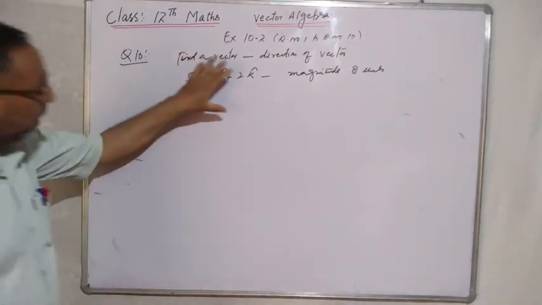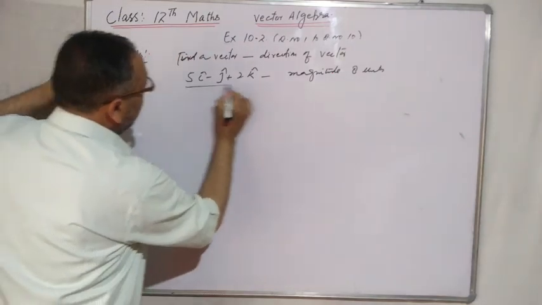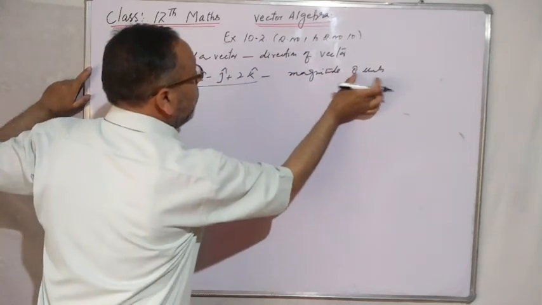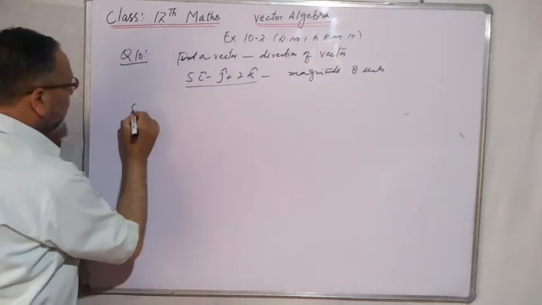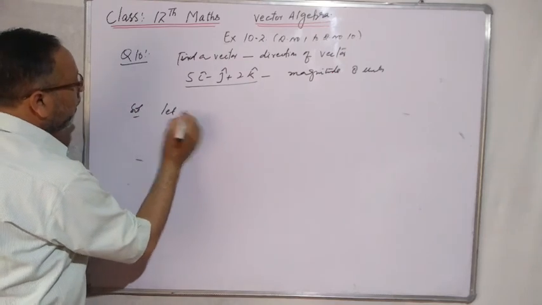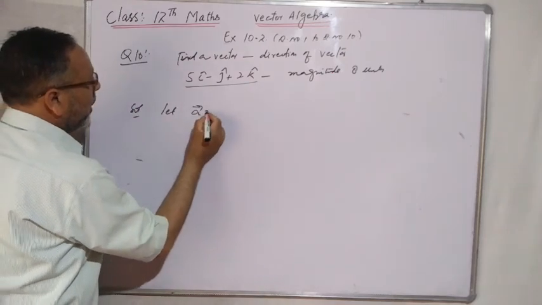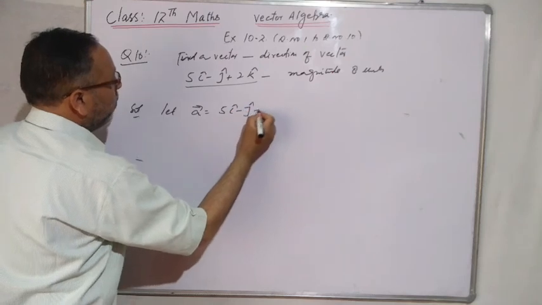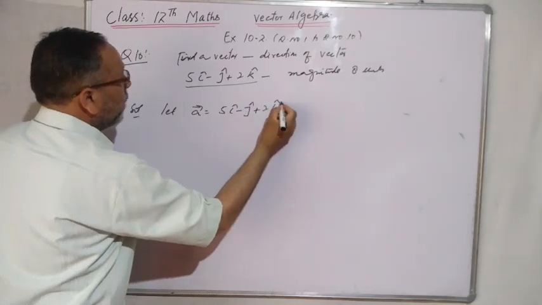Here we have to find a vector in the direction of this given vector such that the vector must have the magnitude 8 units. So let us suppose that vector A is 5 i cap minus j cap plus 2 k cap.